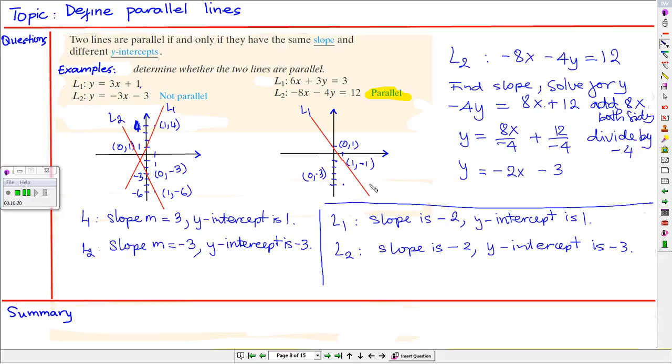I end up with the point 1, negative 5, because you go down 2 units. Now you can connect your 2 points, 1, negative 5 and 0, negative 3. That will be your line number 2.